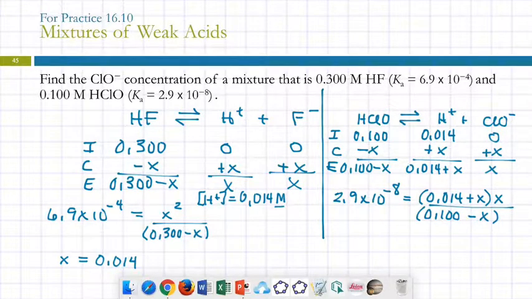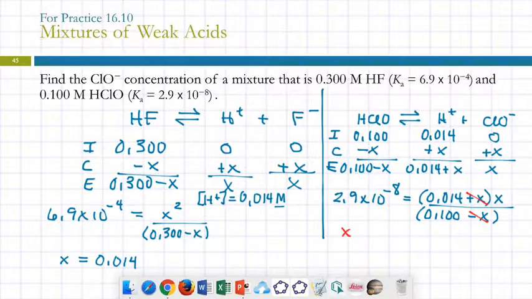If we say that x is small, the x is small approximation says that wherever we're adding or subtracting x, we just don't need that anymore because it's not going to be significant. So let's get rid of that. Well, then that's pretty easy to calculate. x is going to be 2.9 times 10 to the minus 8 times the denominator of 0.1 divided by the numerator of 0.014.